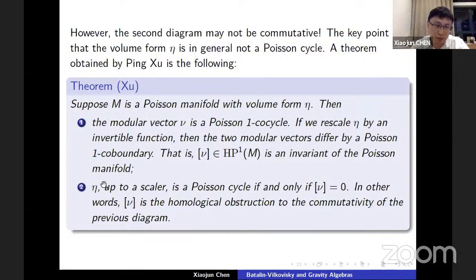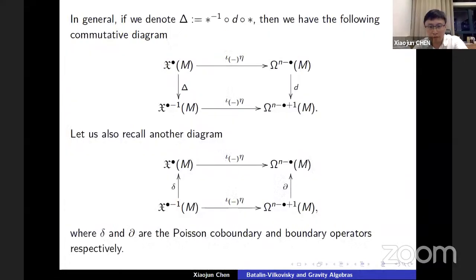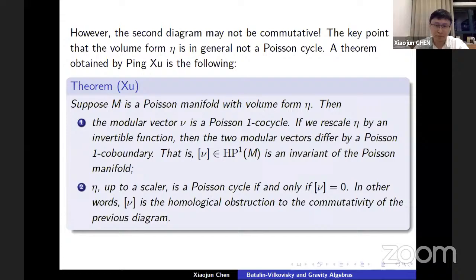The second statement is that eta, up to a scalar as I just described, is a Poisson cycle if and only if nu is 0. That means if the cohomology class of nu is 0, then we can scale the volume form so that nu is 0. In other words, nu is the homological obstruction to the commutativity of the second diagram.